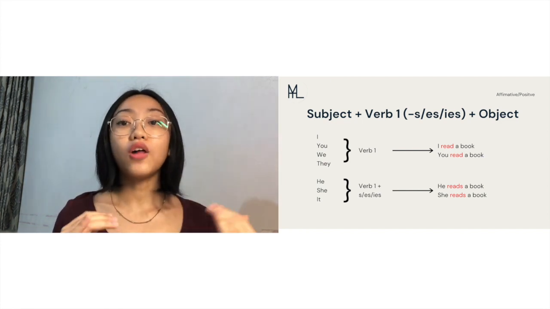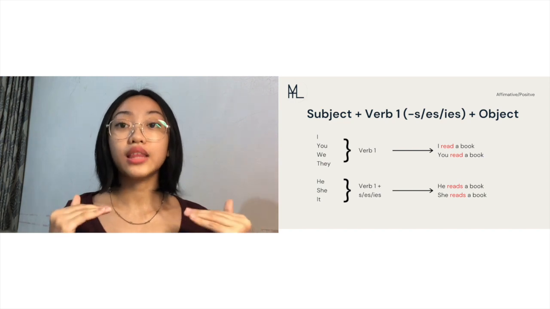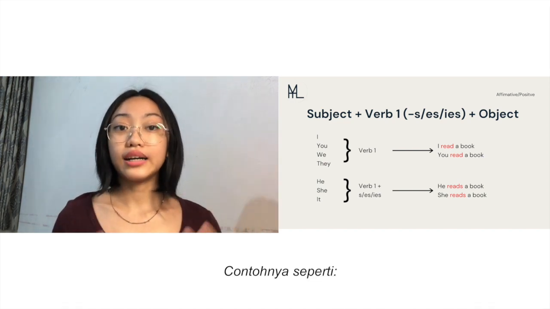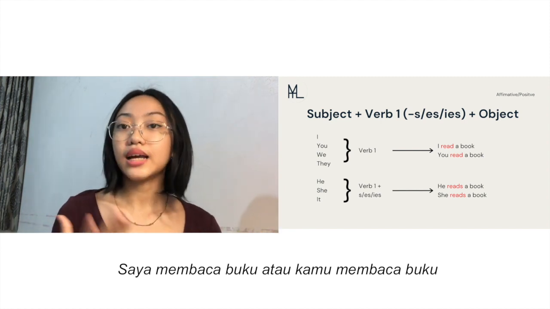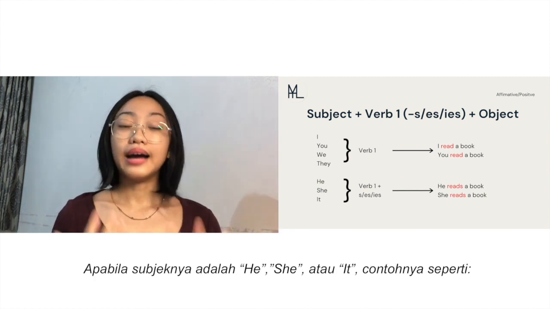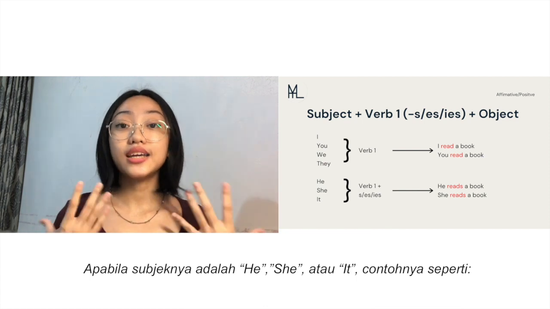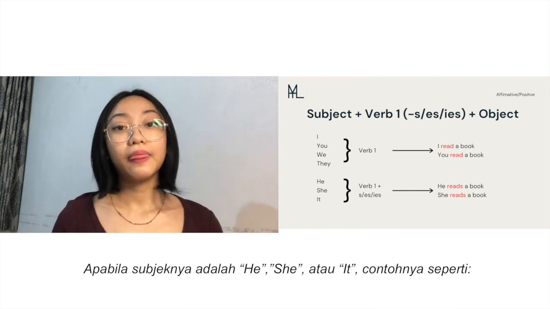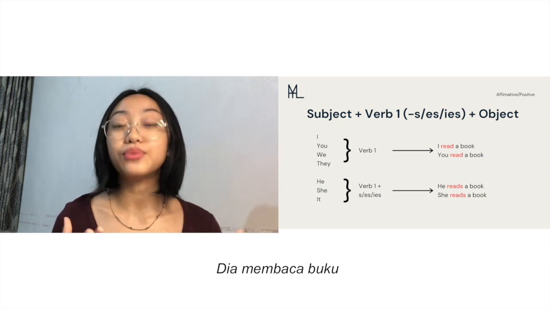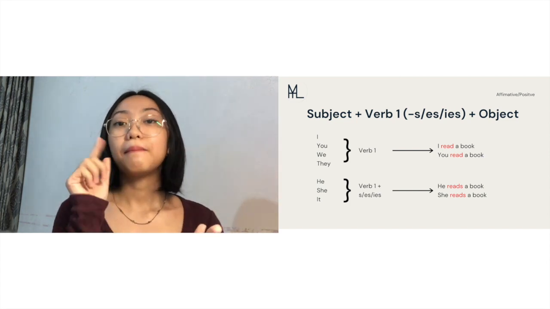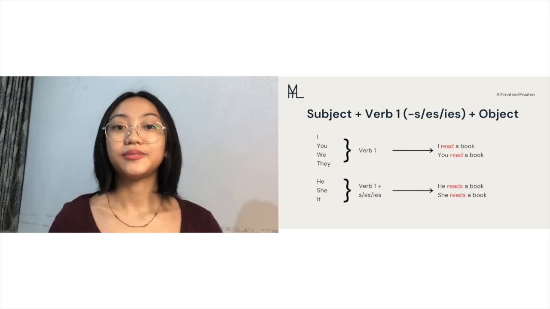So only verb 1, purely verb 1. For example, I read a book or you read a book. But if the subject is he, she, or it, for example, he reads a book or she reads a book. So read plus s, reads.